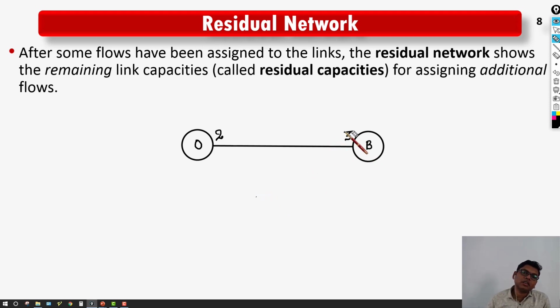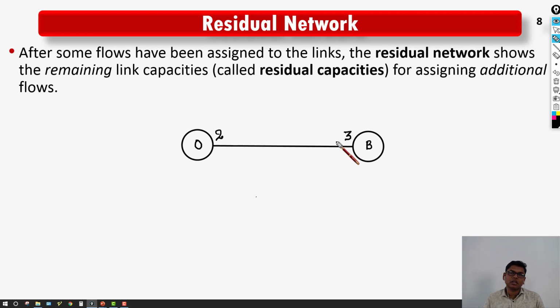Now what is the meaning of writing 3 here and 2 here? So here it is told that already 3 has been sent, means 3 are running from this to this. Okay, means 2 more can be possible here. And writing 3 means what here? Writing 3 means that from B to O 3 is possible.